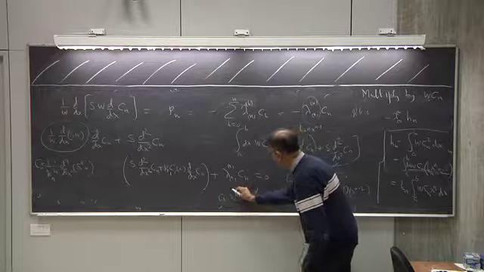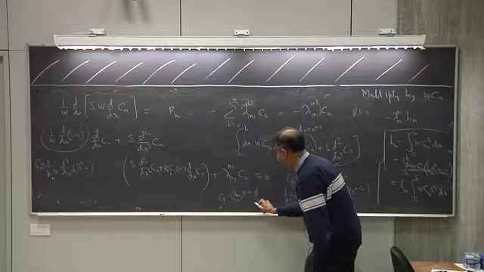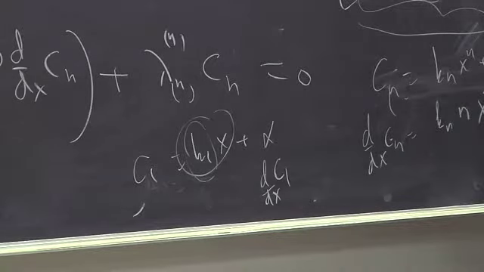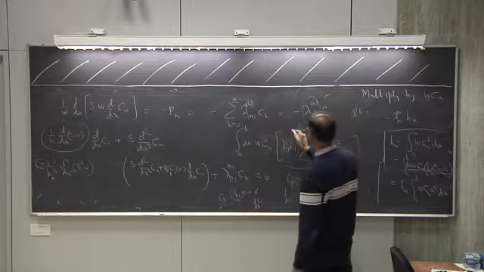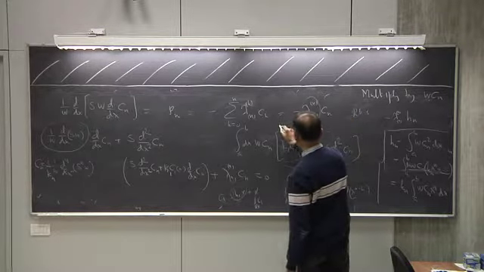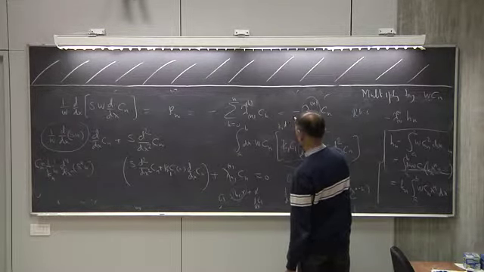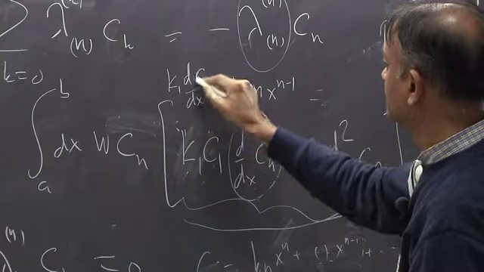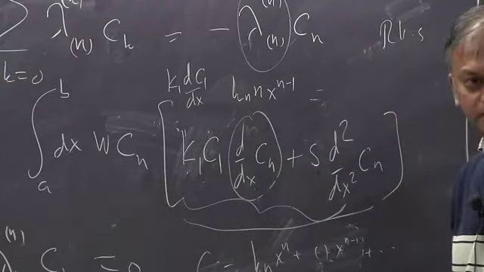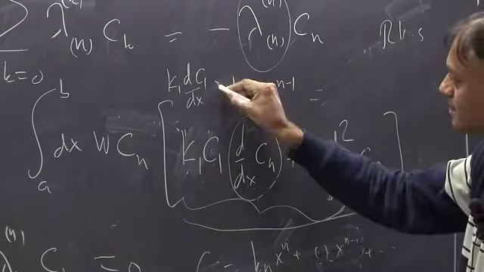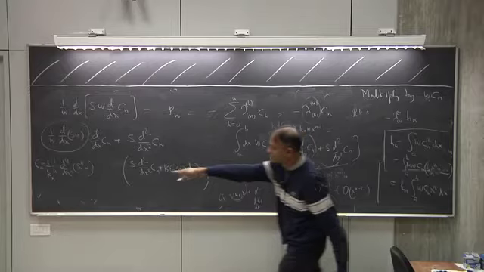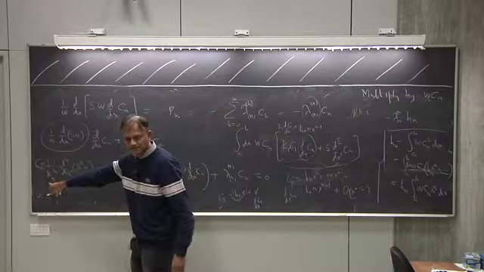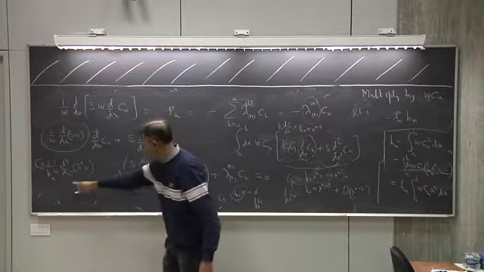What is K1? K1 is nothing else but d by dx of C1, right? So I can write this as K1 times x. K1 is just the normalization constant. Here I just put the normalizations here. Okay. This is just K1.